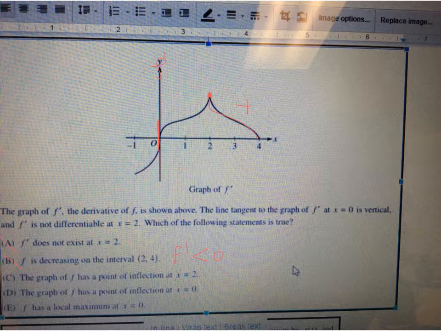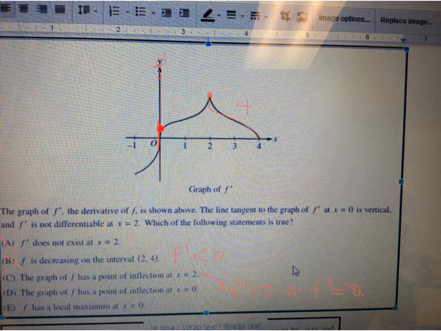The graph of f has a point of inflection at x equals 2. Points of inflection occur where the second derivative is equal to 0 or where the second derivative is undefined and there's a sign change. Okay, so we have two possible points of inflection here.